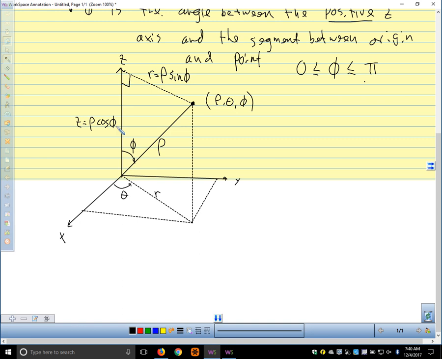That our polar r is rho sine phi, and the z coordinate is rho cosine phi. All right, so emphasize a couple of things. Rho is always positive. Our polar r is always positive. Phi varies between 0 at the positive z-axis and pi at the negative z-axis. And allowing theta to vary from 0 to 2 pi is going to let us move around the entire sphere.